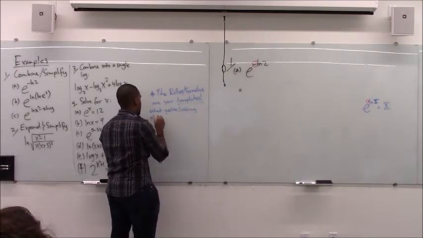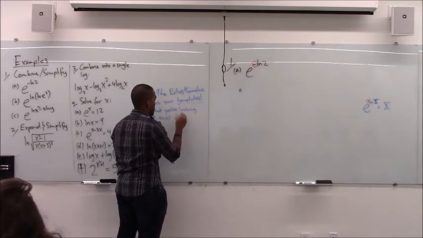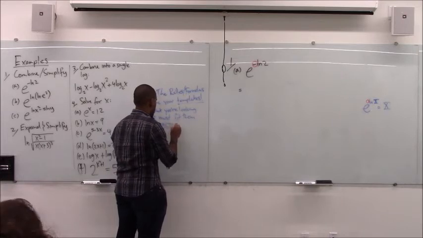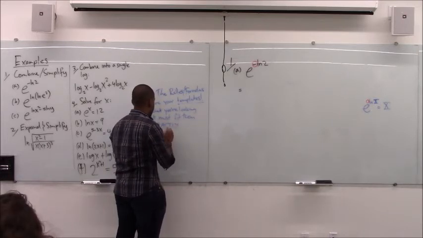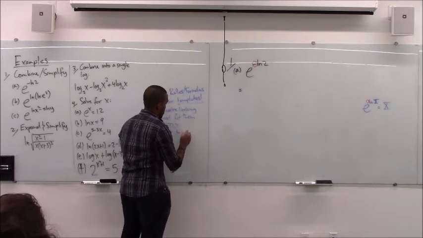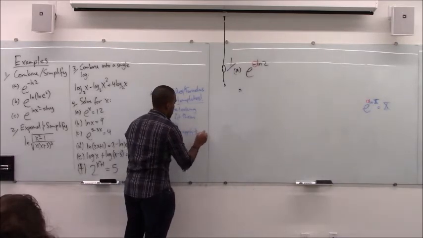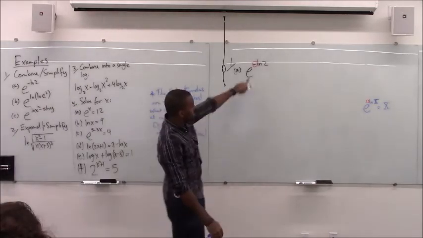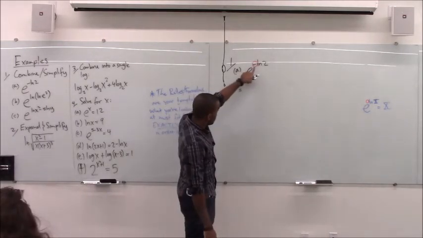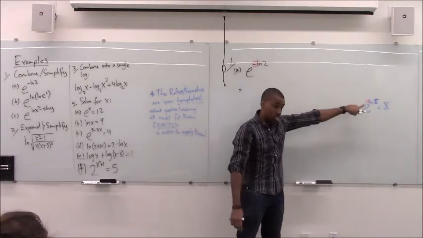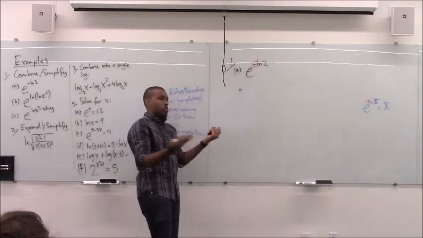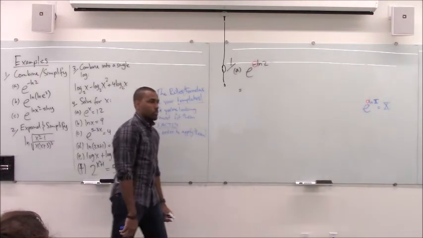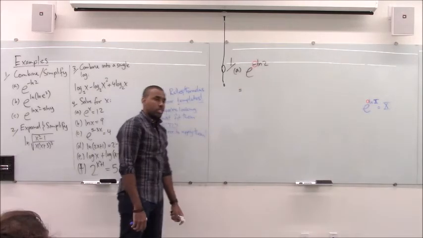What you're looking at must fit them exactly. Otherwise, you'll get into trouble. So this does not fit that rule exactly because there's something in front of the ln, and in the rule, there's nothing in front of the ln. So, what do we do? Is there some way to remedy that?